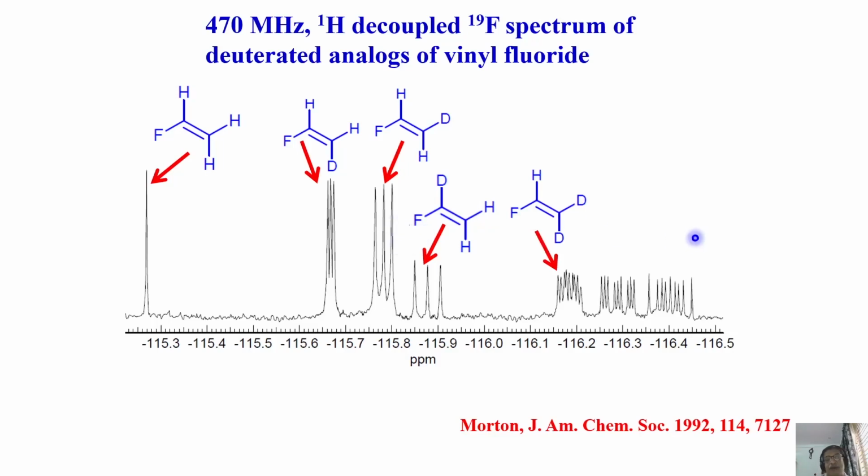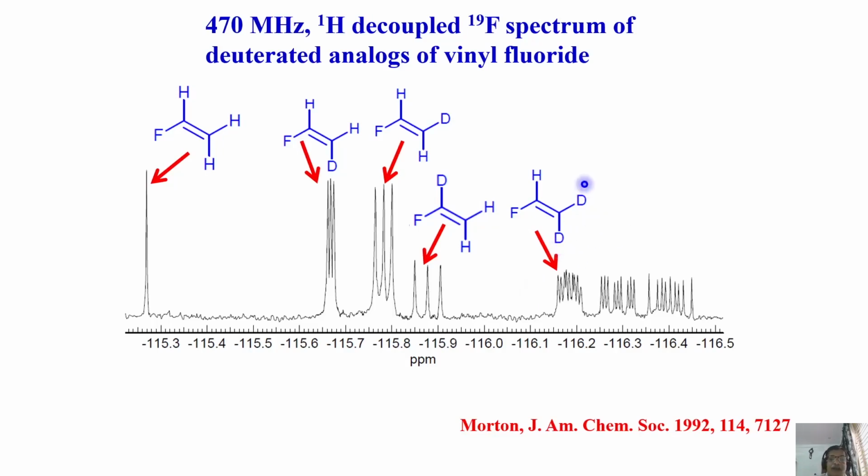Now look at this molecule. Now we are looking at two-deuterium substitution: one here, one here. Interestingly, one of the deuterium splits fluorine into three lines of equal intensity like here. But what does the other deuterium do? Remember, they are non-equivalent, so you cannot use the 2nI plus 1 formula here.